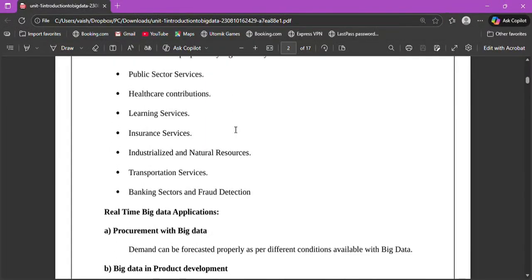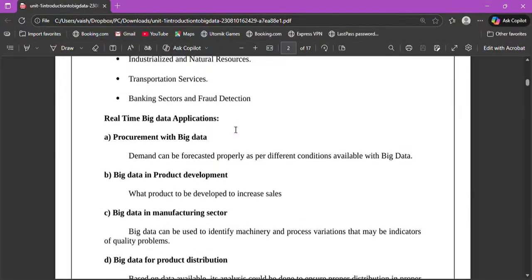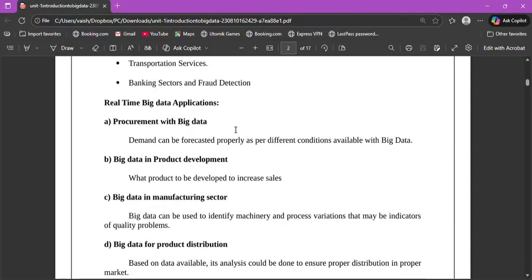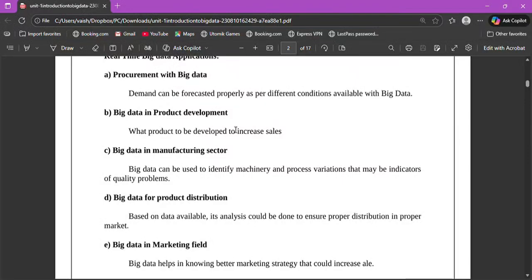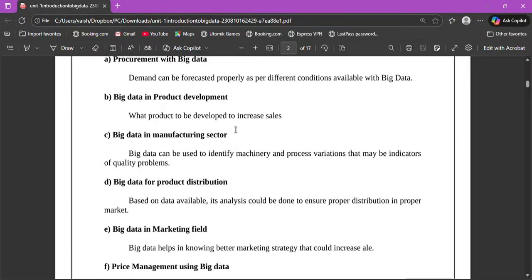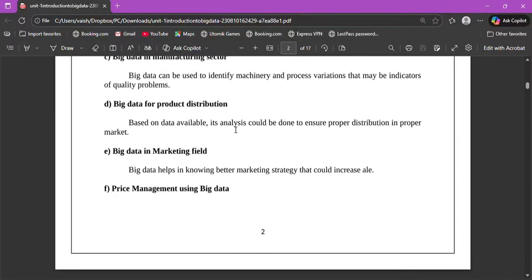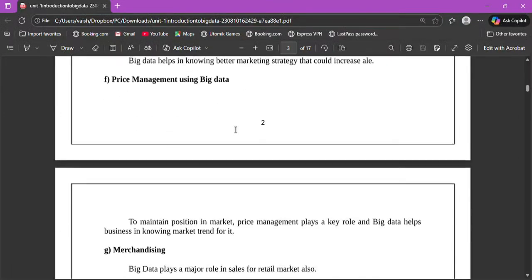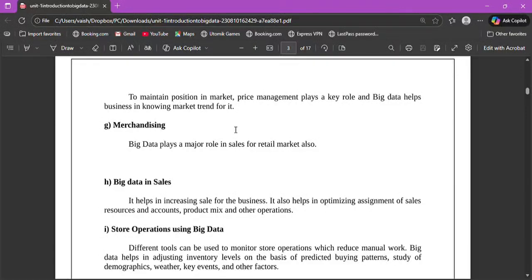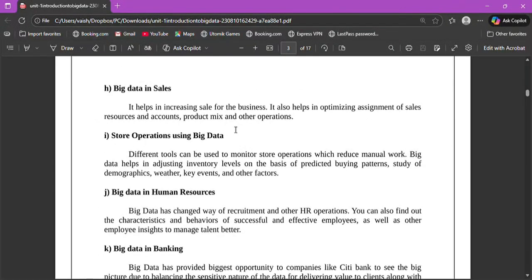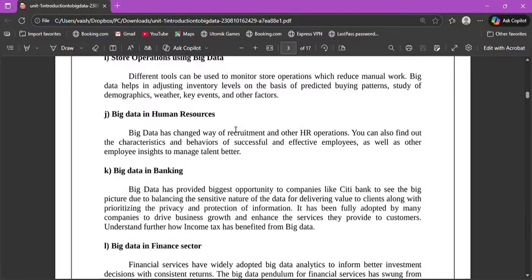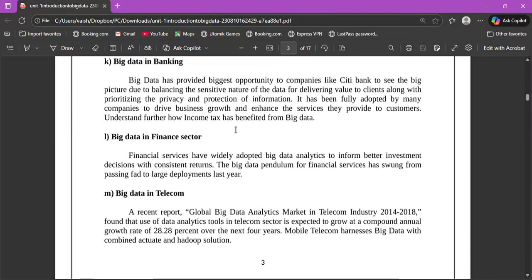Now, real-time data applications: procurement with big data; second is big data in product development, big data in the manufacturing sector, big data for product distribution, big data in the marketing field, price management using big data, big data in sales, store operations, big data in human resources, big data in banking, big data in the finance sector, and so on.